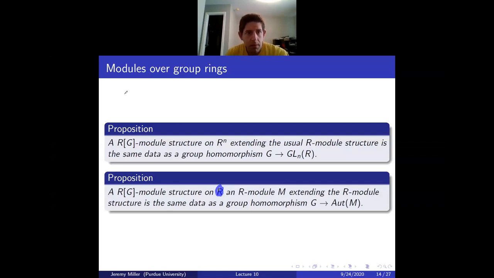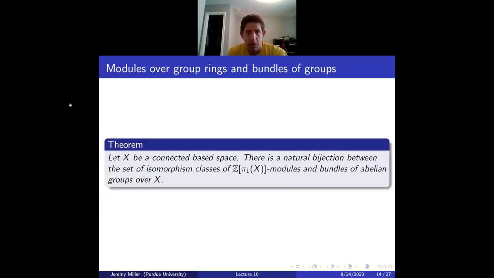Okay. So why do we care about these? Well, the theorem is that, let X be a connected base space. Then there's a natural bijection between modules over Z of the fundamental group and bundles of abelian groups over X. By bundle of abelian groups, I just mean bundles of groups where the fibers happen to be abelian groups.